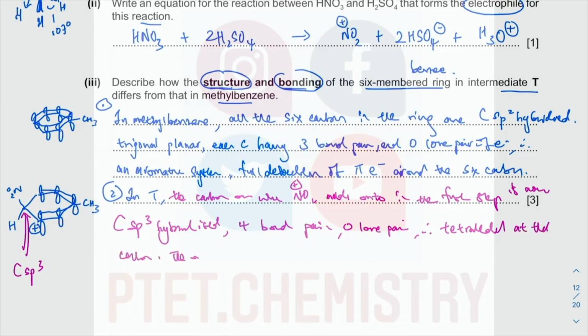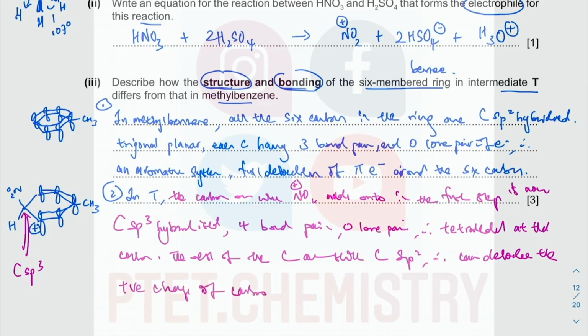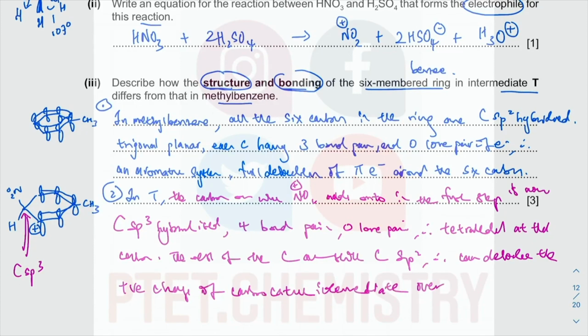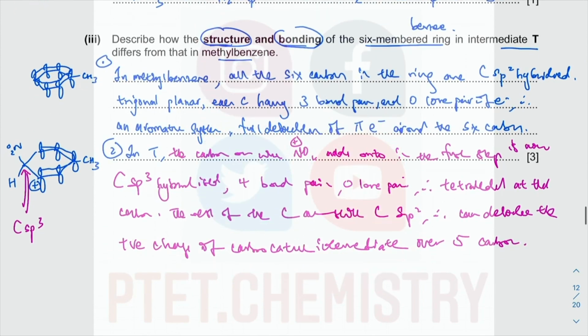The rest of the carbons are still sp2, therefore can delocalize the positive charge of the carbocation intermediate over the 5 carbons, but not over 6 carbons, because your sp3 carbon is there.